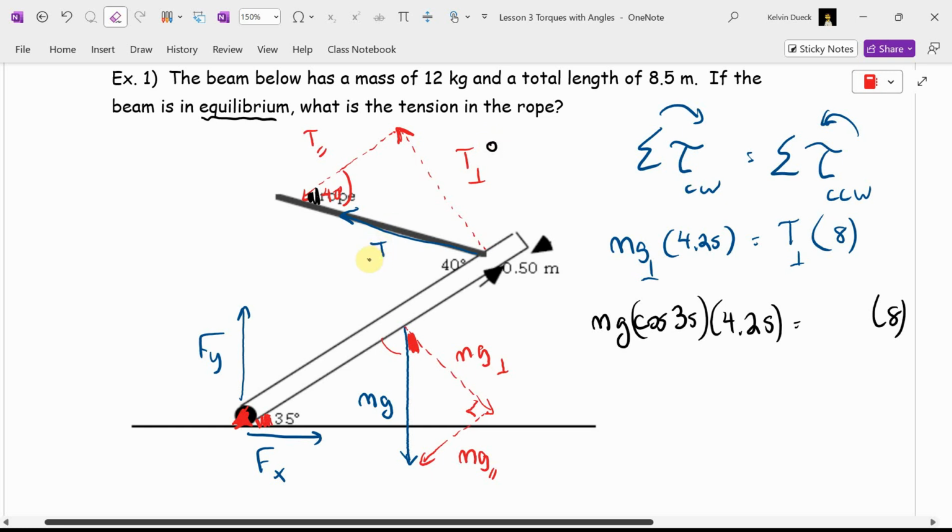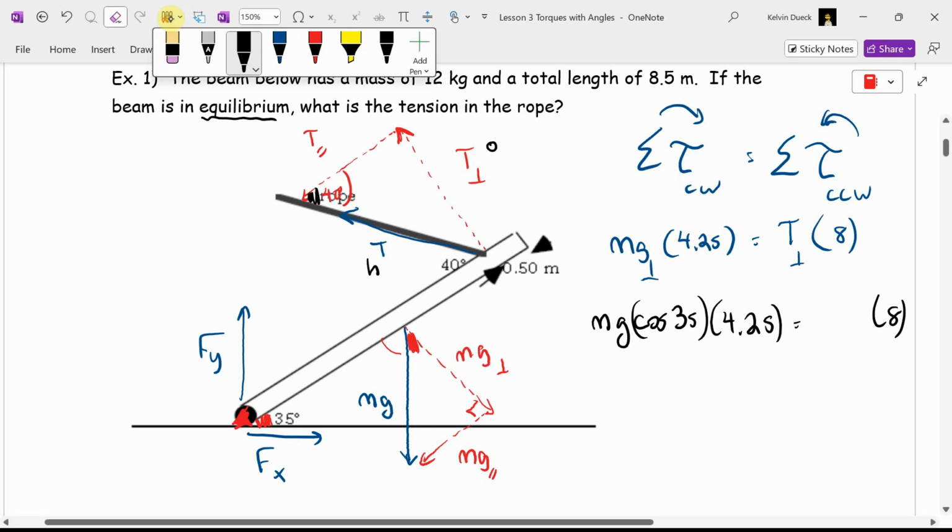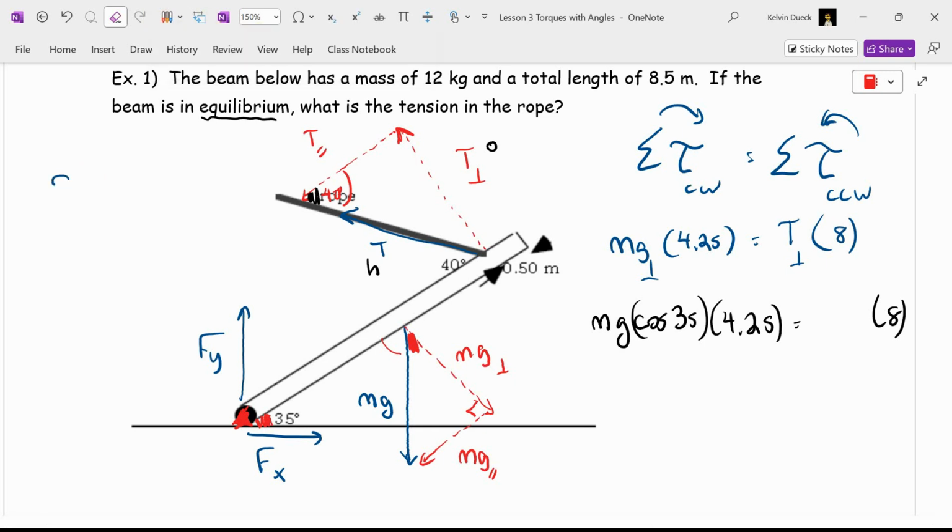Tension is the hypotenuse. I don't care about the parallel ones, I didn't even bother labeling it. Which trig function has the O and the H? Sine does. So we're going to have sine of 40 equals opposite, perpendicular, over tension.